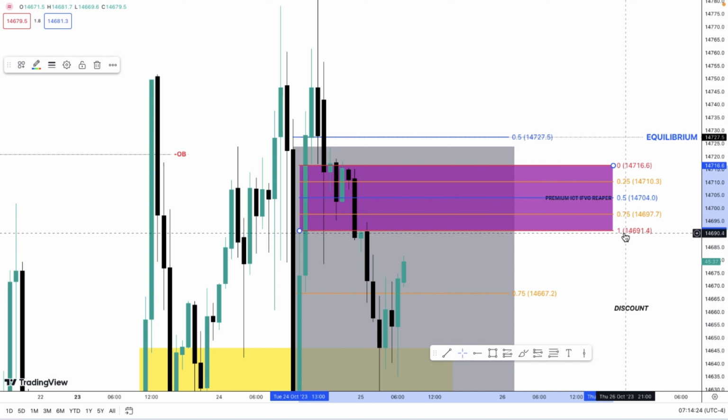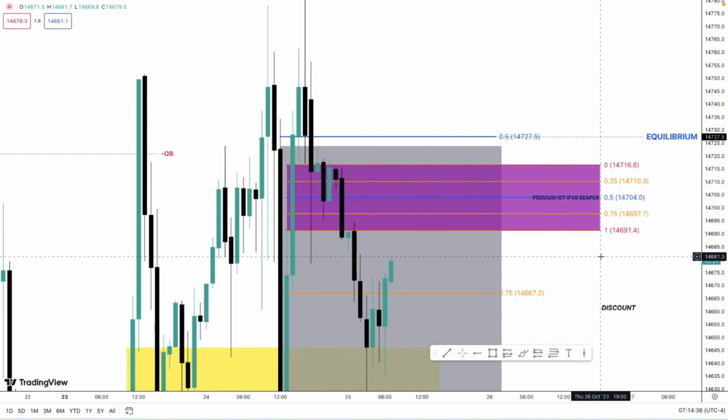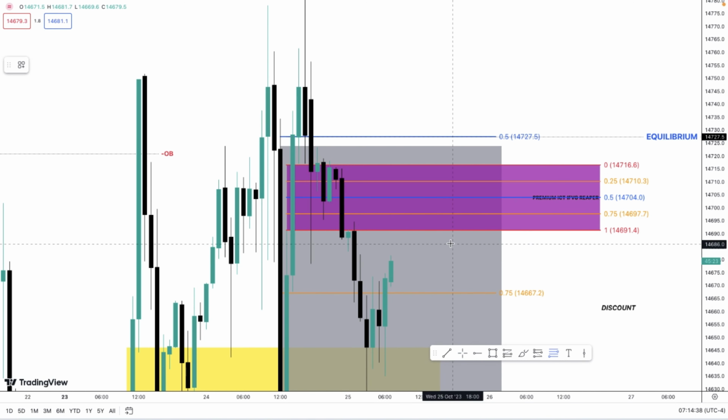So if you look on the bottom corner of your screen, I think on the right, there's infinite circles there. Those are Fibonacci numbers. Now, if I put them like this, I cater for this inversion fair value gap using the Fibonacci, meaning I look at only 5 specific numbers.